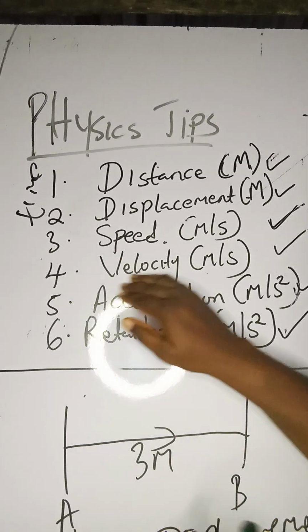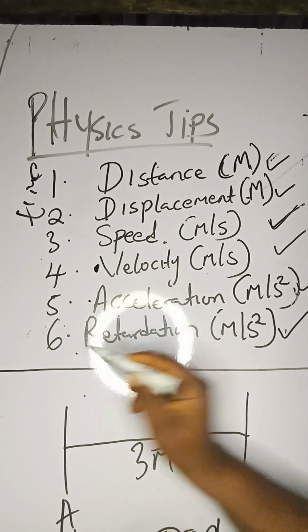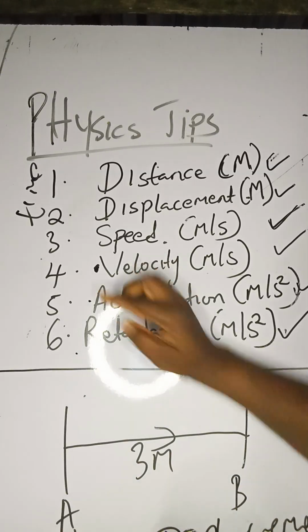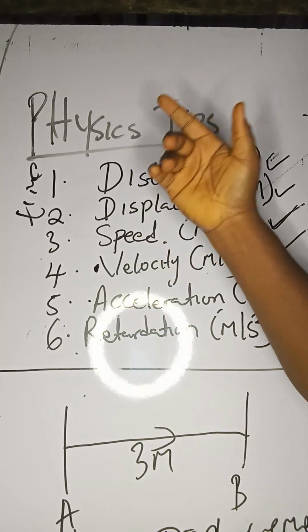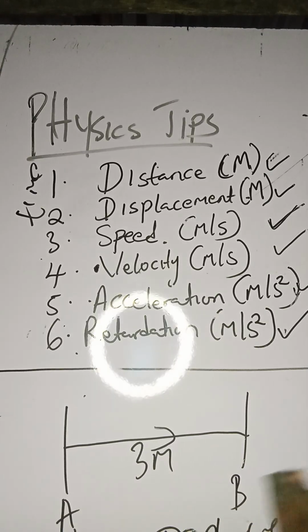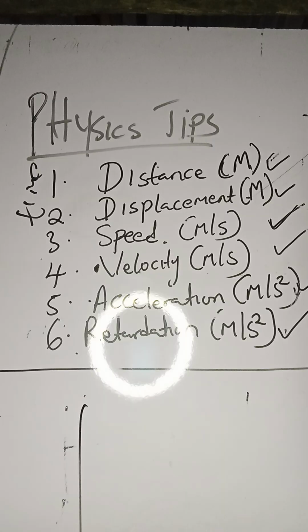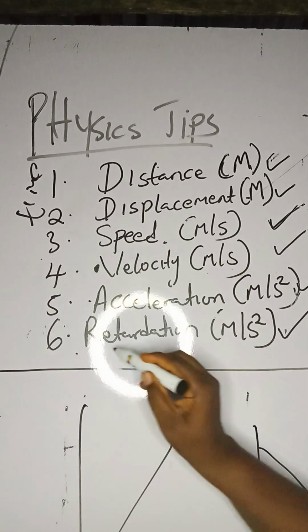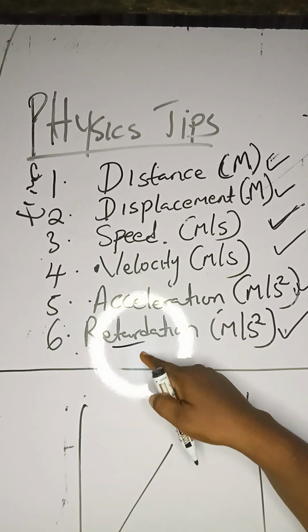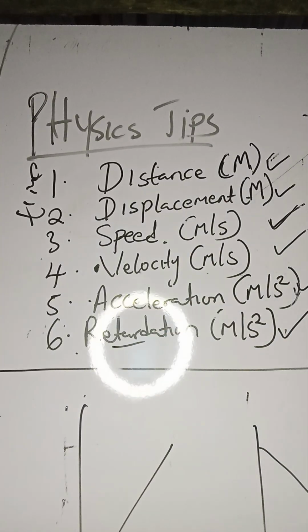We shall be using the fourth to define the fifth and the sixth. When the velocity of a body increases with time, we have acceleration. But instead of an increase in the velocity of a body, if I have a decrease in the velocity of the body, I have retardation. So you have seen how we can relate these six concepts.